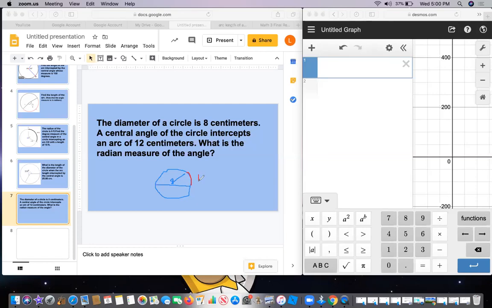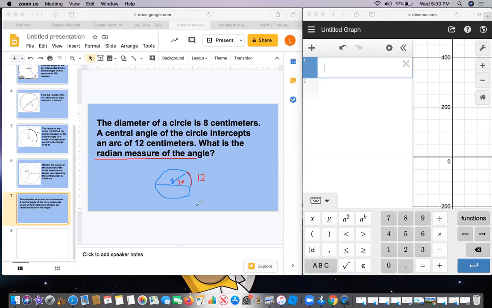So that is 12, the arc length. The length of the diameter is 8, and we are going to find the radian measure of the angle. Meaning we are going to find this one here. That is your x in radian form.